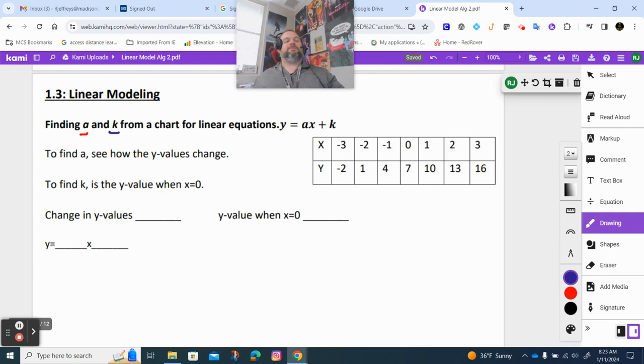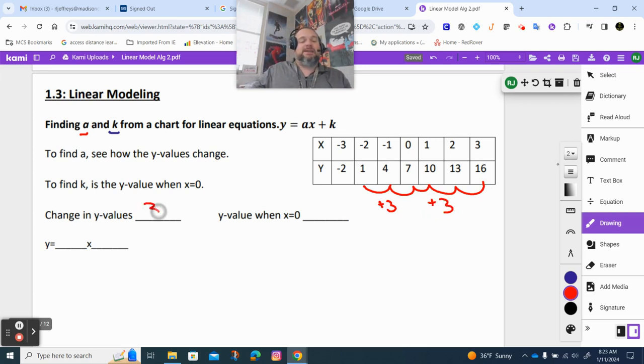Okay. To find our A value, we're going to see how the Y values change. So, I don't want to start right here. I want to start right here. All right. How do I get from 1 to 4? Yeah, add 3. 4 to 7. All right. So I'm adding 3 each time.